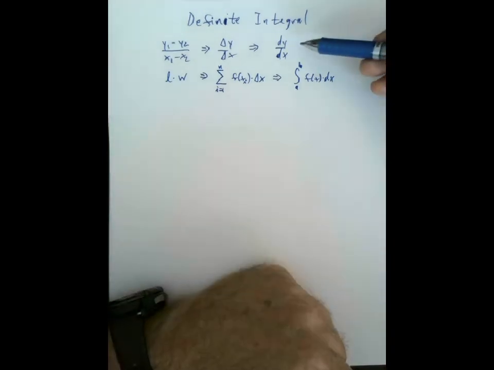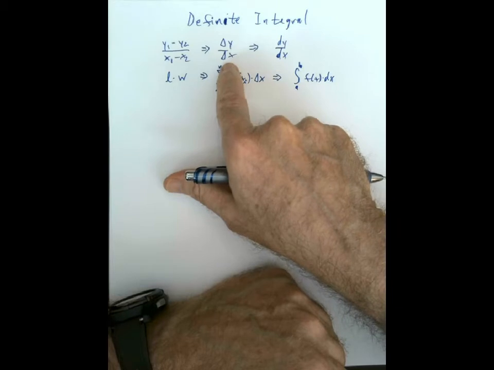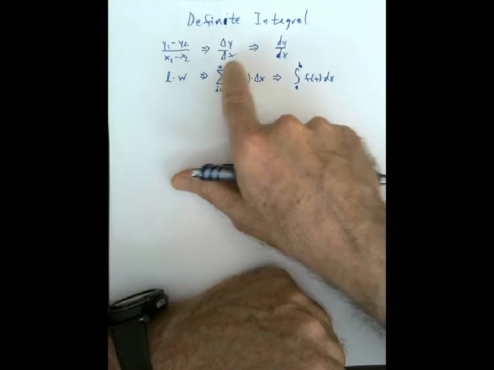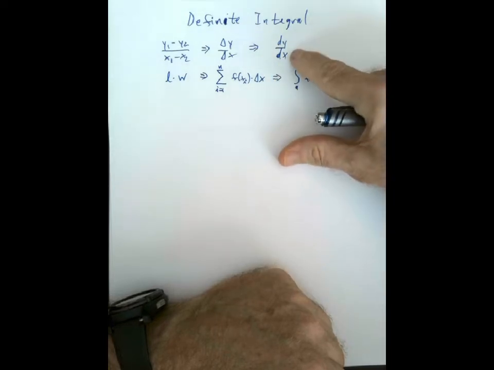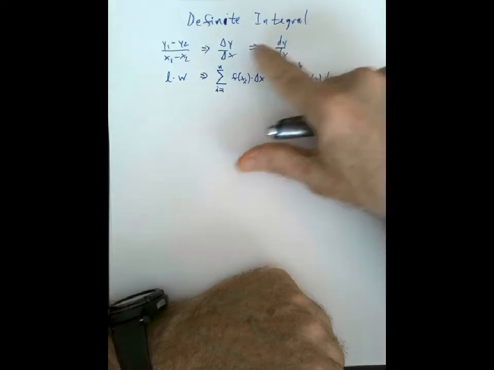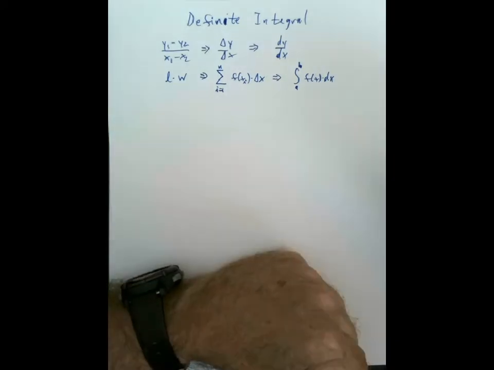If you'll recall, when we worked with derivatives, we started with the idea of the slope formula, and we wrote that as delta y over delta x. Then through a limiting process, through the definition of a limit, we found out that the derivative, which was the rate of change, was dy over dx, the same thing as delta y over delta x, except the deltas, the change in y over the change in x, were infinitesimally small.